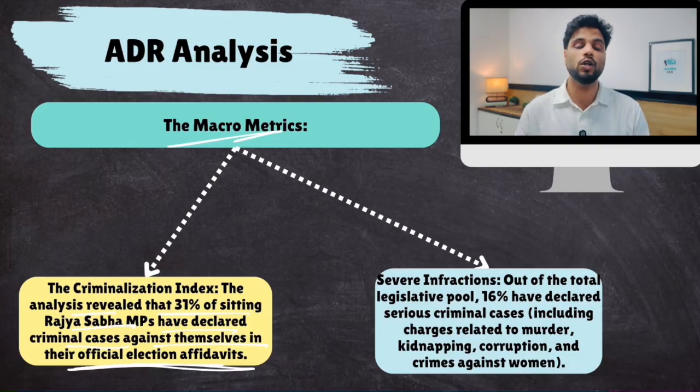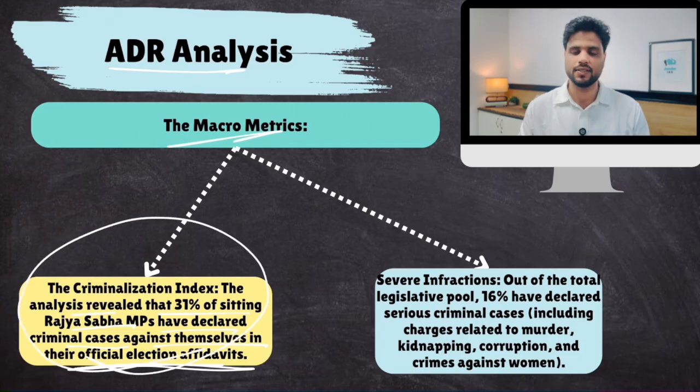They have to disclose all this information. And that was also mandated by the courts. Earlier, they did not have to disclose anything. Even if they had criminal cases, they would hide that. But now, after a Supreme Court order, it is mandatory for all politicians fighting elections to disclose their criminal antecedents in an affidavit. Using that information, ADR came up with this analysis.